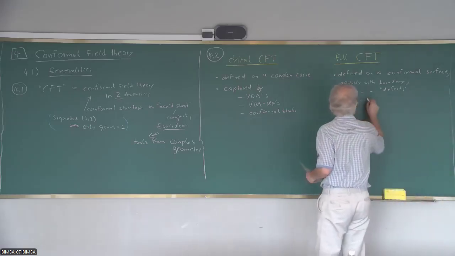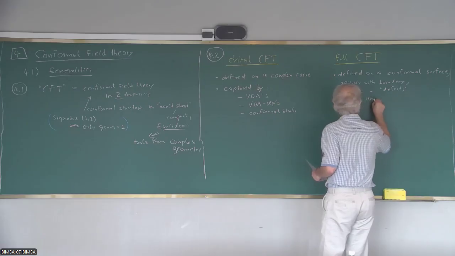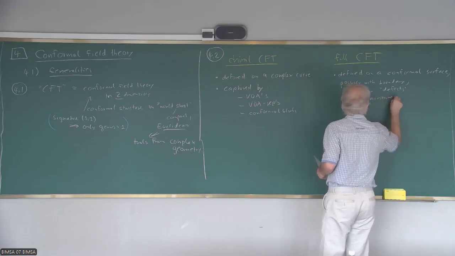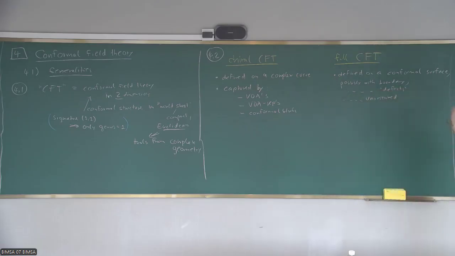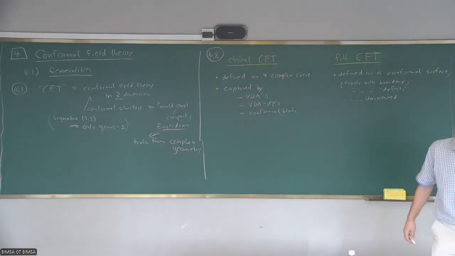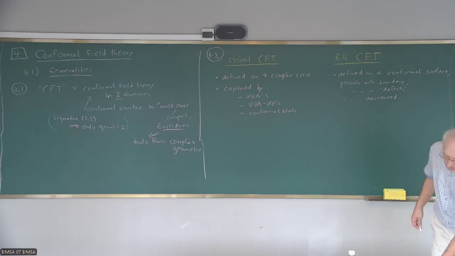And also possibly unoriented. The complex surface automatically comes with an orientation. Here we could have an orientable manifold, but choose to ignore that. But it could also be a non-orientable manifold, like a Möbius strip or Klein bottle.